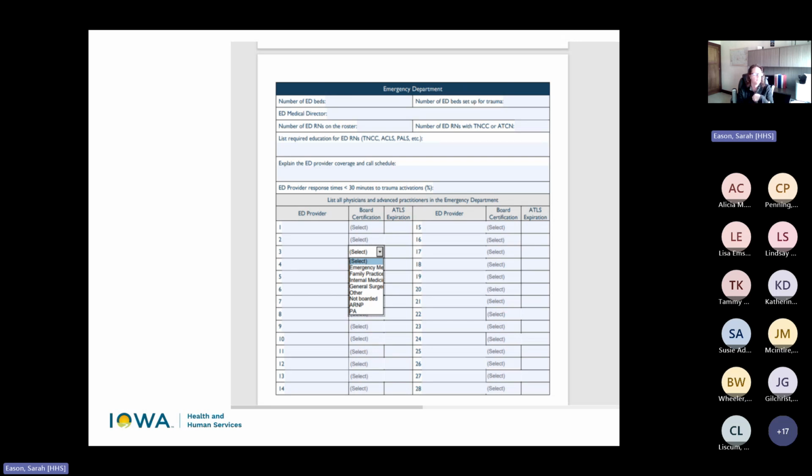That will obviously raise a red flag if I see physicians that aren't listed on your SACA that are in your ED schedule. So make sure that those match up. List all your ED providers and list their board certification. So the questions that we get are, what if I don't have ATLS, and who is the exception to having current ATLS?